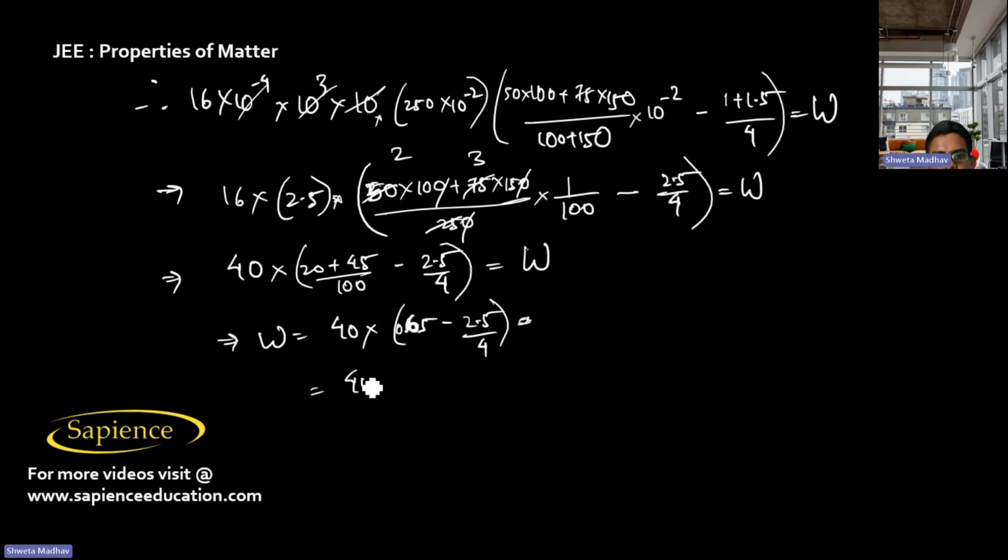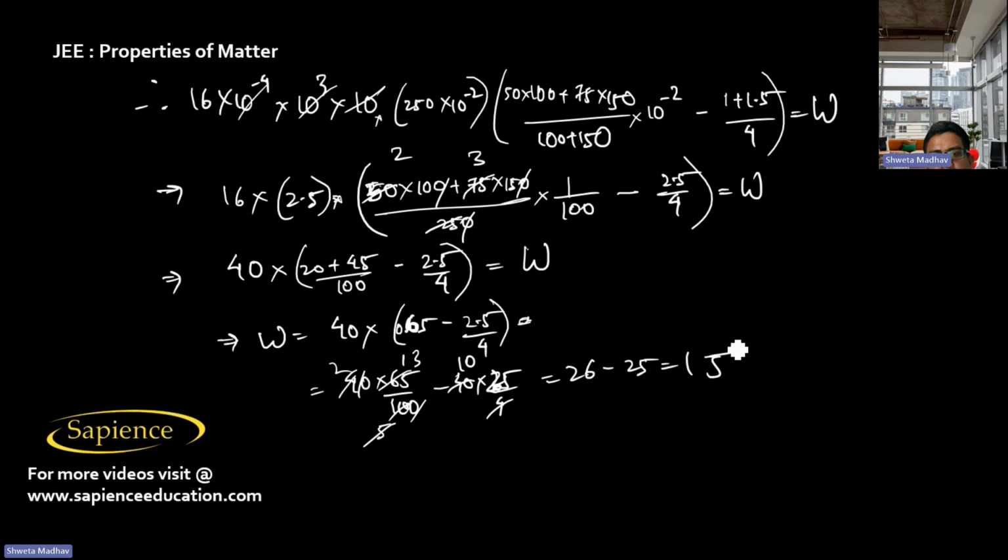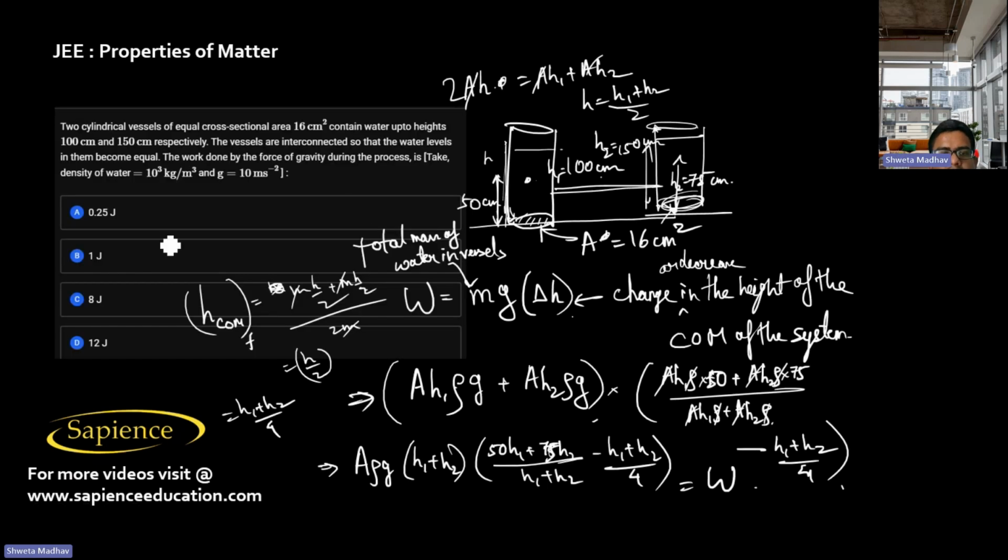This will be equal to 40 into 65 by 100 minus 40 into 2.5 by 4. 4 tens are 40, 5 ones are 5, which is 26 minus 25, which is 1 joule. So 1 joule is the required work done by the force of gravity during this process. Option B is the correct answer.